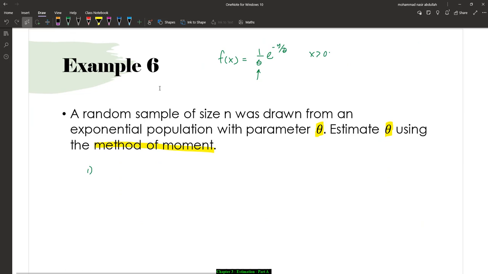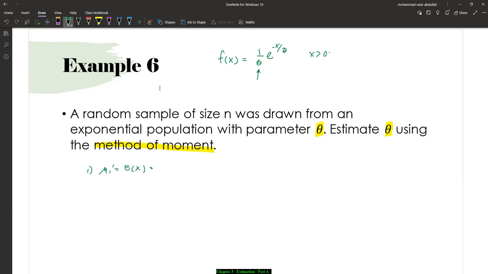We need to find the expected of x, which is mu1 prime. Mu1 prime is equal to expected of x.